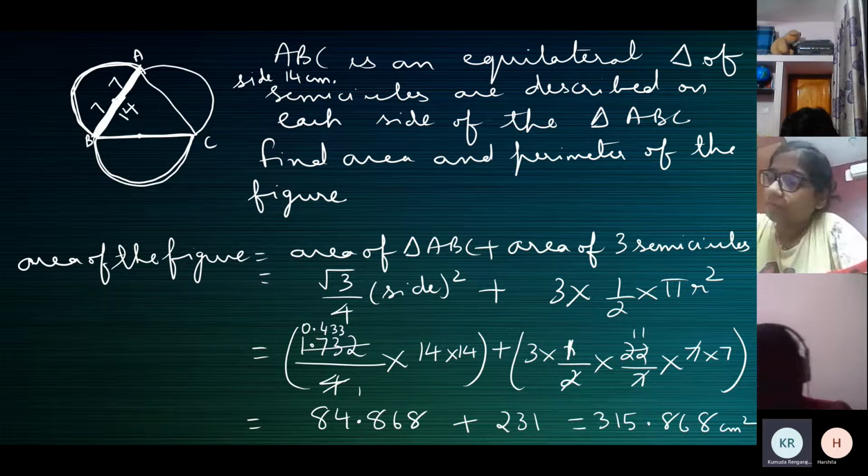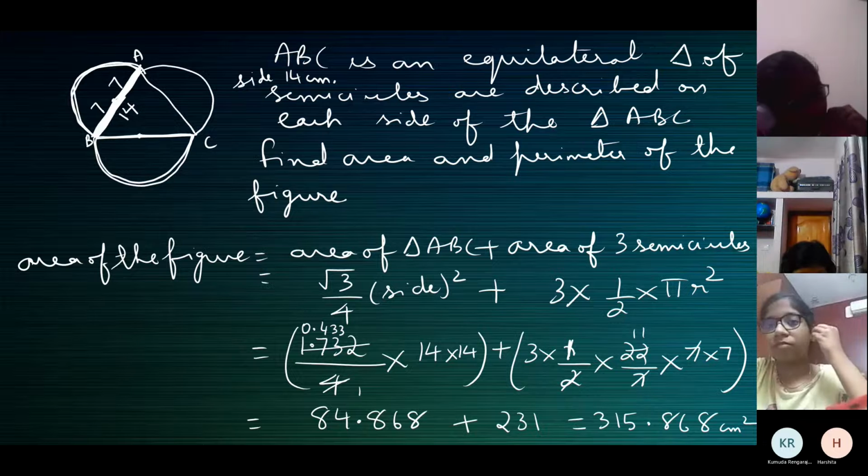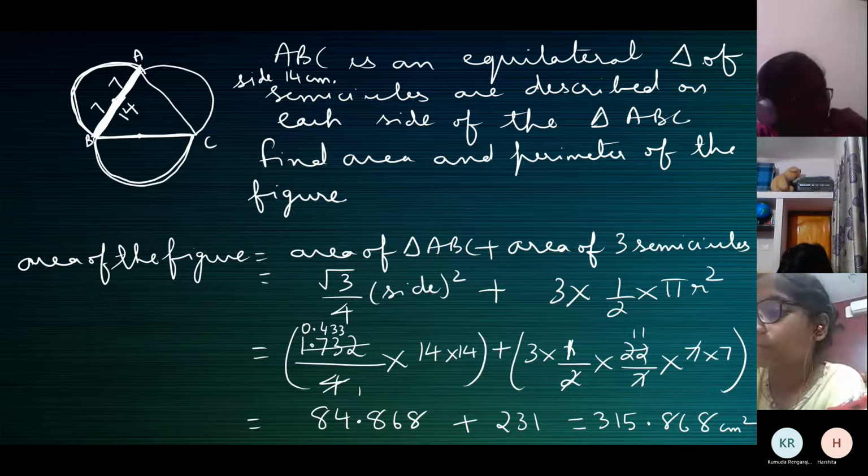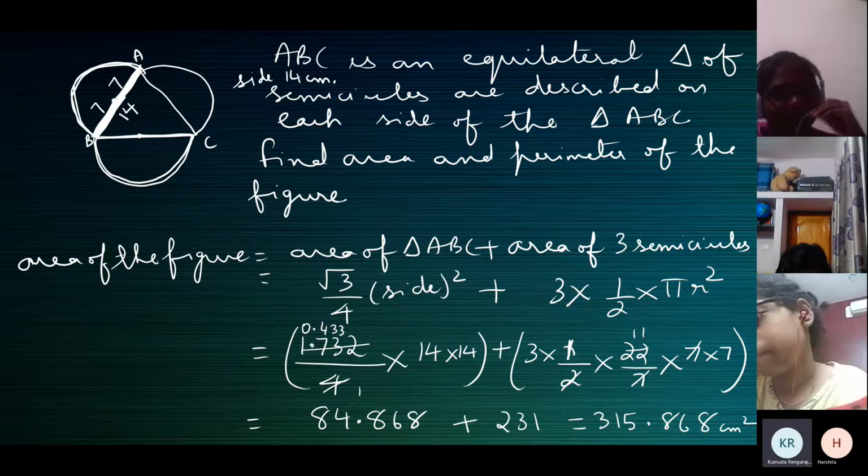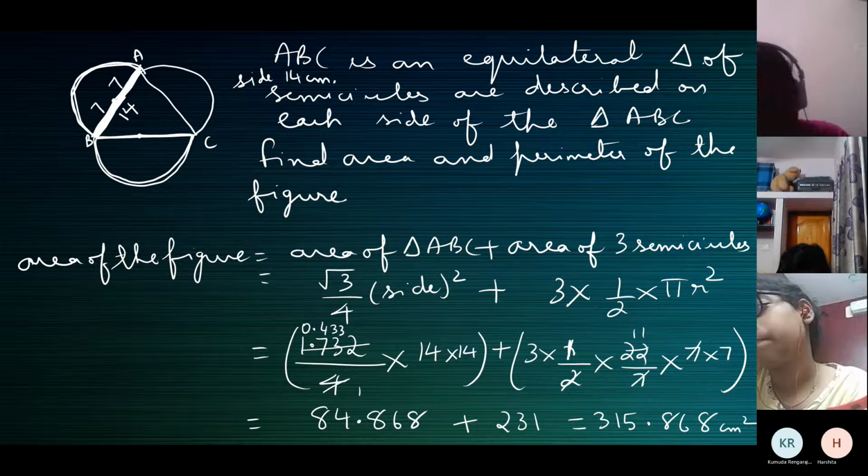Nandana and Harshita. I also thought that since the perimeter is 3 circles, so there should be 3. I also got some doubts in this one, ma'am.